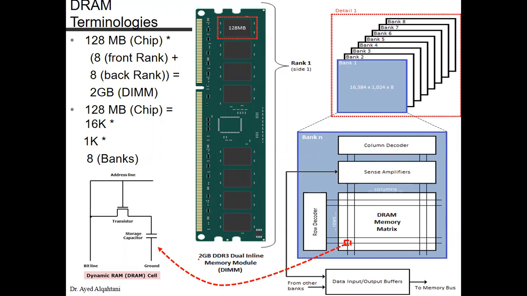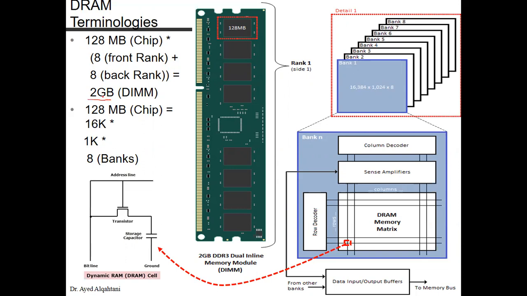So to be able to understand how we got the 2 gigabyte, we have a 128 megabyte chip, and we have 16 chips, 8 of them in the front rank and 8 in the back rank. So if you multiply 128 megabyte times 16, you will have 2 gigabyte, and you can actually get it easily.